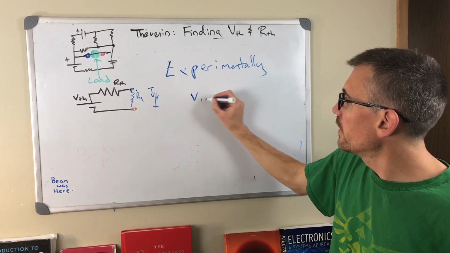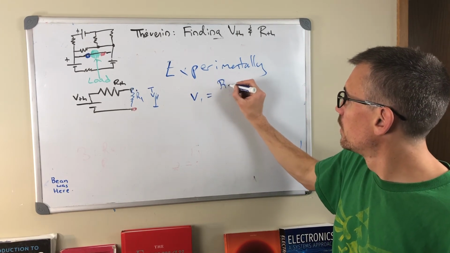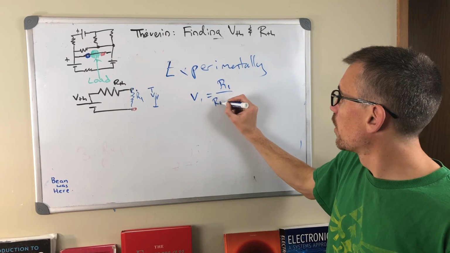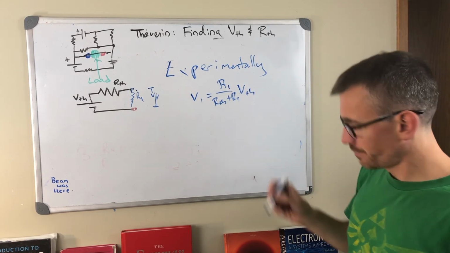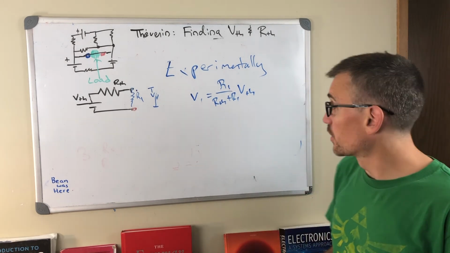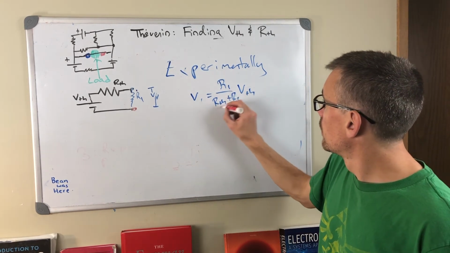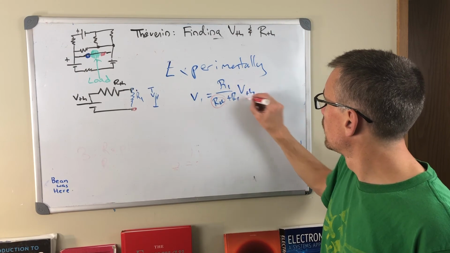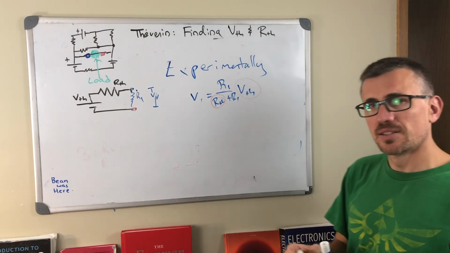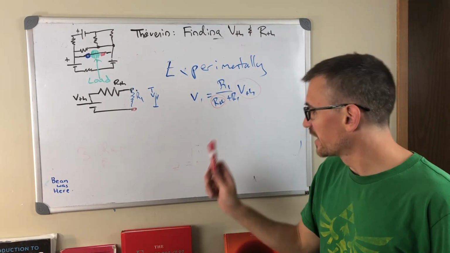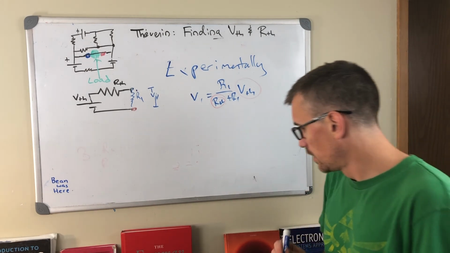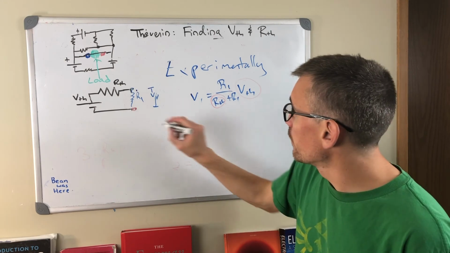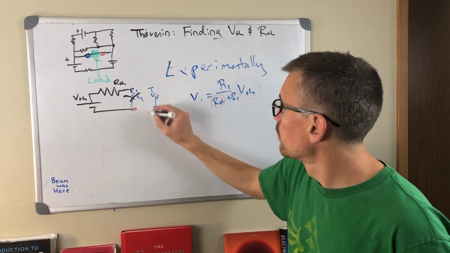Well, V1 is equal to R1 over R-Thevenin plus R1 times V-Thevenin. That's an equation we get. One equation, two unknowns. I can plug in a different resistor now.